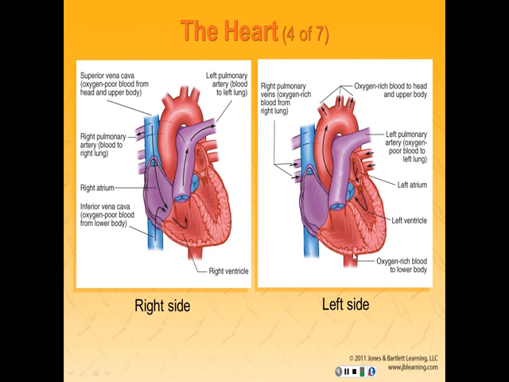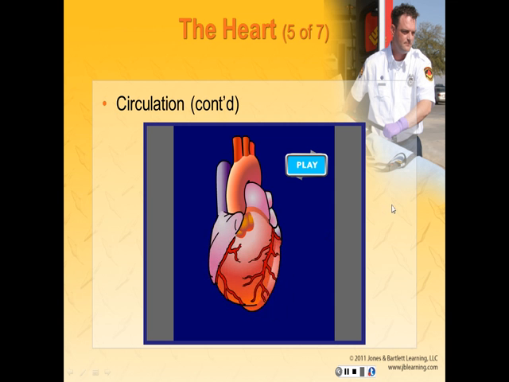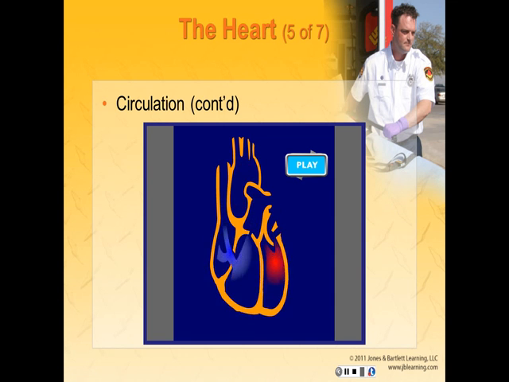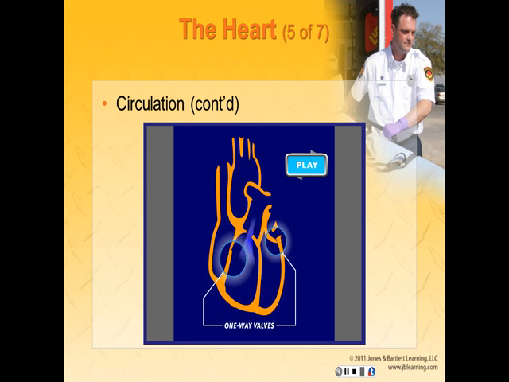And then the aorta arches and travels downward through the thorax and the abdomen, carrying blood to the rest of the body. Oxygen-rich blood is the color red. Oxygen-poor blood, they show in the color blue here.